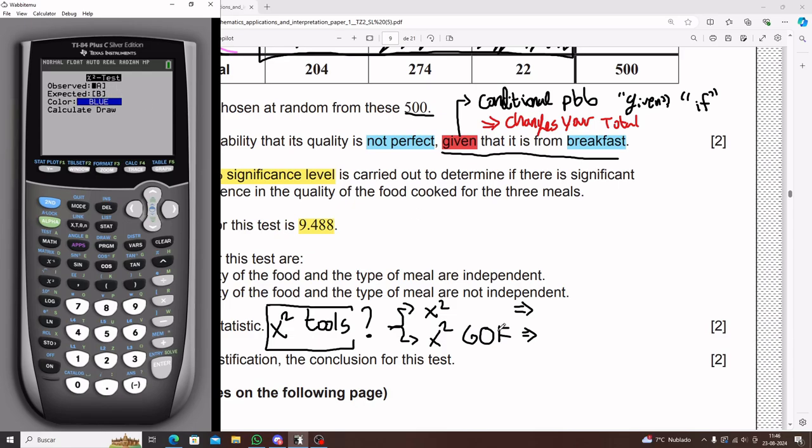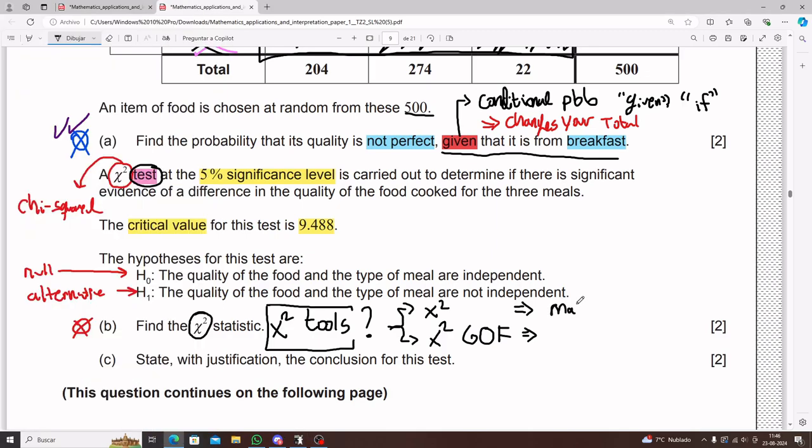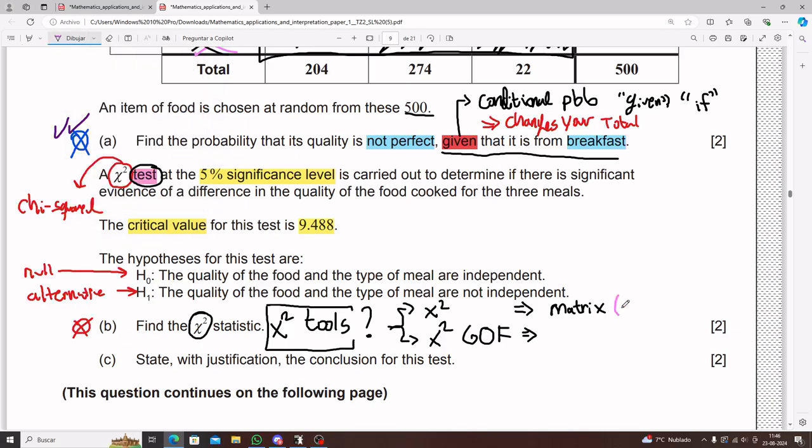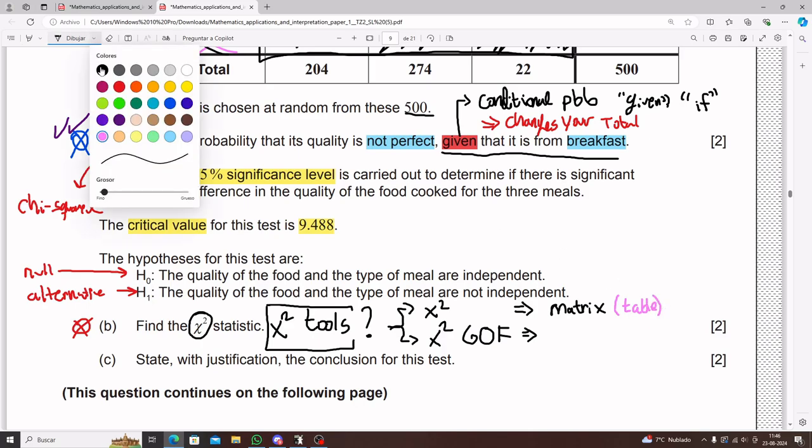If it asks for the big letters, then we're actually talking about a matrix. If you haven't seen this before, do not worry, I got you. So the normal one, the chi-squared by itself, is going to be a matrix, which for us, puny human individuals, we're going to remember as a table. So whenever you have a table, you're going to be using the matrix, okay?